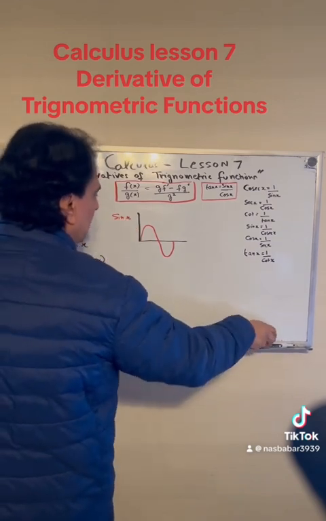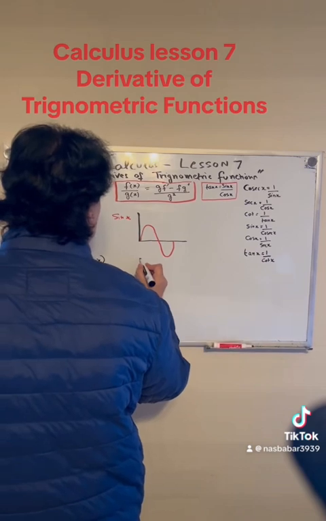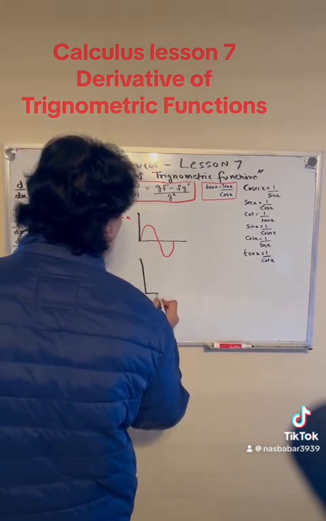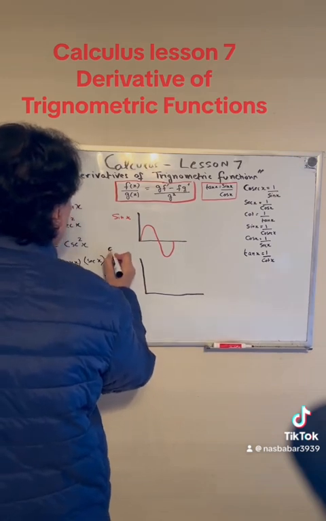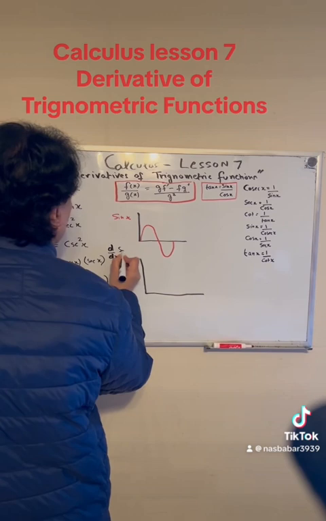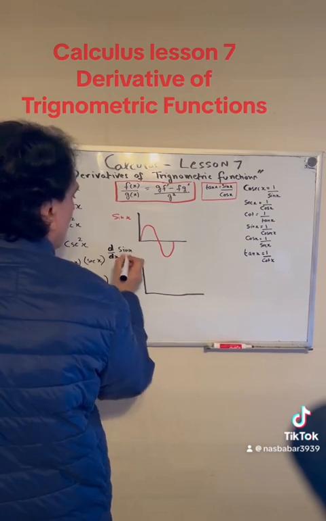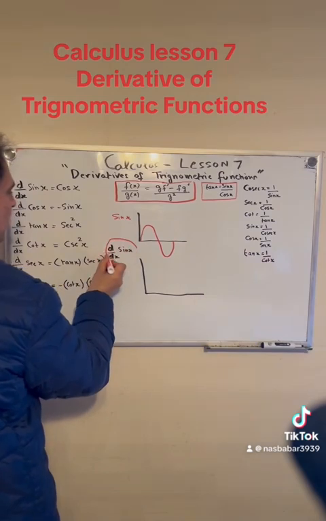Now let me ask you this. I want you to take the derivative, d over dx, of sine of x. How would you do that? And show me the waveform.